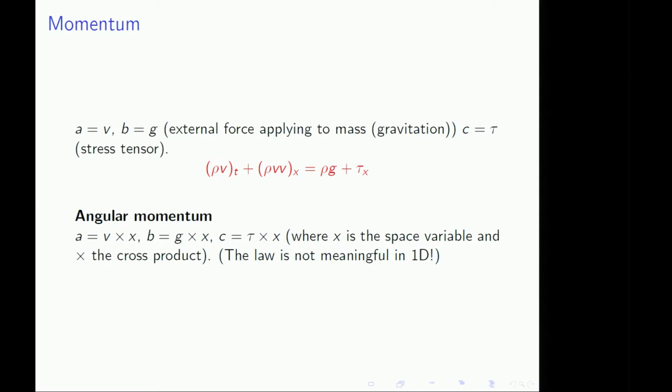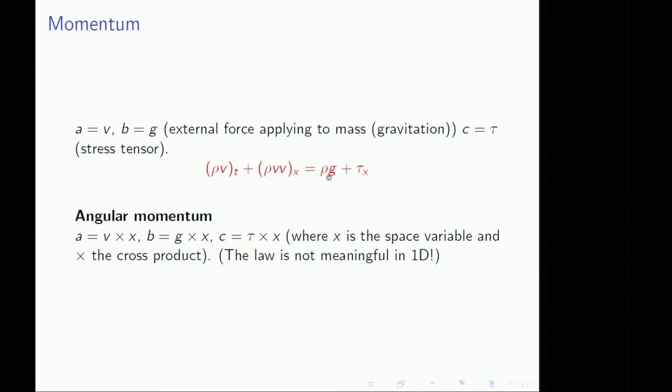Momentum is mass times velocity, and because the mass was modeled by the density in our formalism, the actual A in our form is V, but it gives the conserved quantity to change, to follow the changes of rho V, which is basically mass times velocity, so the momentum. The source term we denote by G, because this is the external force that applies for a mass.